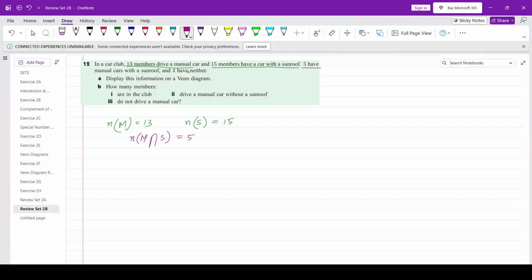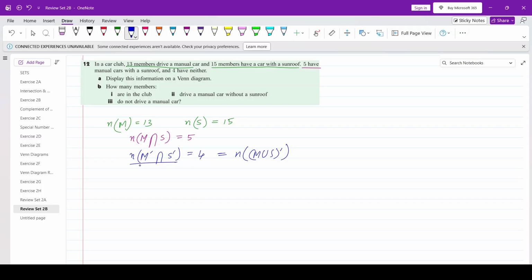And 4 have neither. So number of members that do not have either manual car or a car with a sunroof is 4. This number can also be written like the number of members in M union S complement.